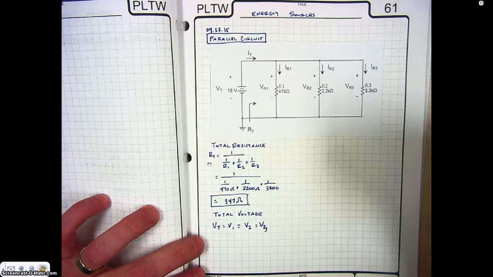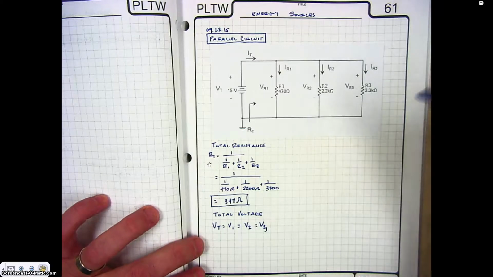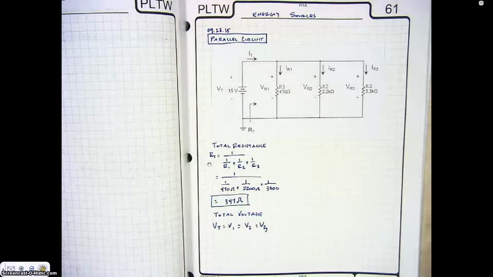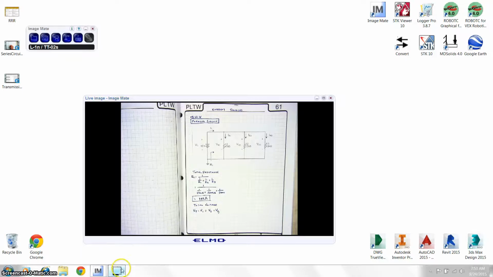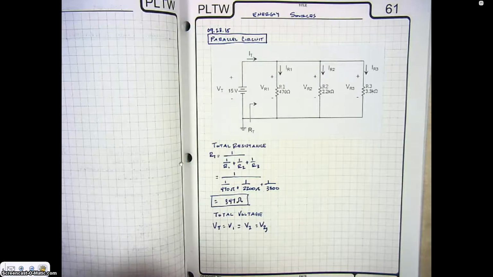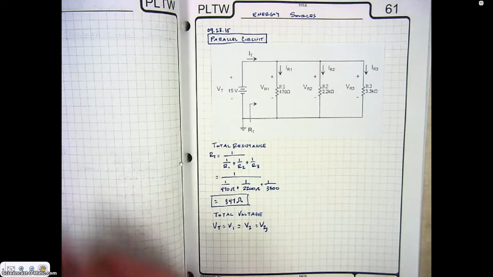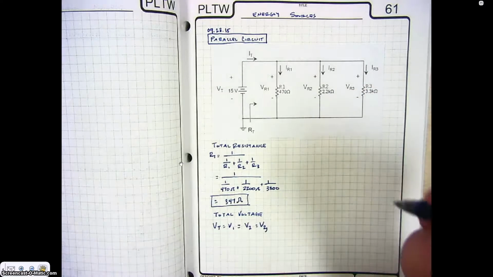Where the difference comes in is that a series circuit has voltage drops and a constant current. And a parallel circuit has constant voltage, and the current at each component is variable.